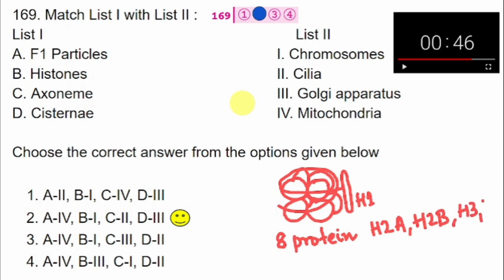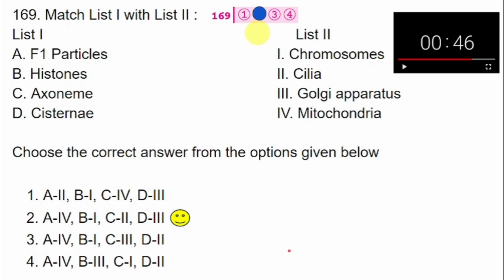So they form the octamer. Now cilia and flagella. So you have the extended structure, and the internal strength is provided by the microtubule filament, which is filled inside. Okay, so this is going to give the strength and the function to cilia and flagella. What is it made up of?